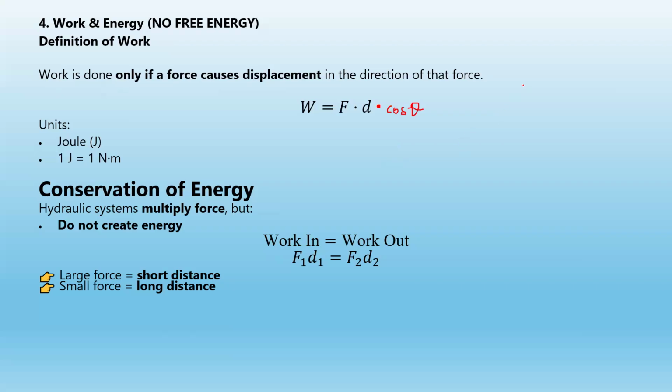Well, if you are moving a block of wood, and if you apply this force, and the block is going to move this way here, the angle between the force applied and the movement, the displacement, there is no angle, they're aligned.